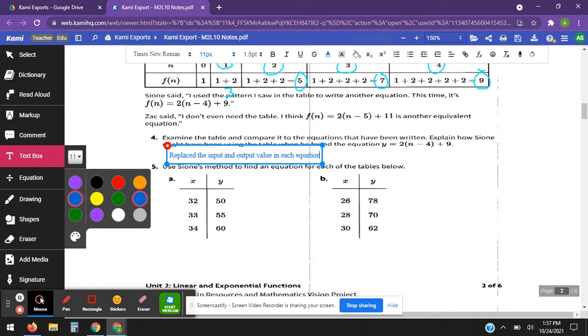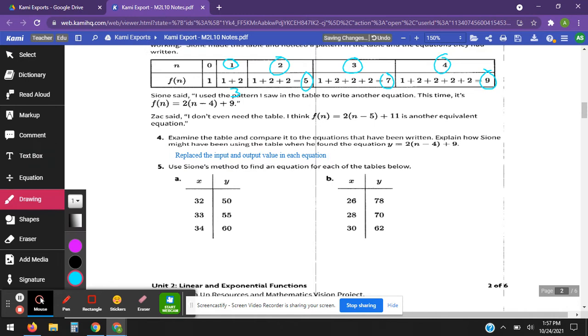Basically whatever our x was, it went here, our pattern number. And then this one was our output, right? That's what we ended up with when we had a 4. Our starting point, our piece on there, what the fourth one was.